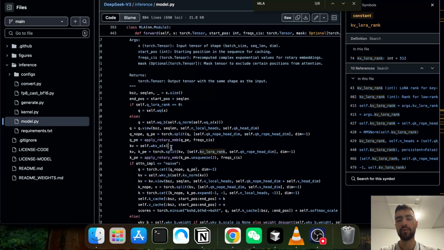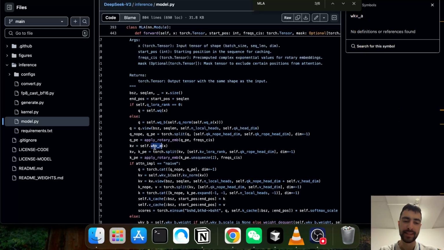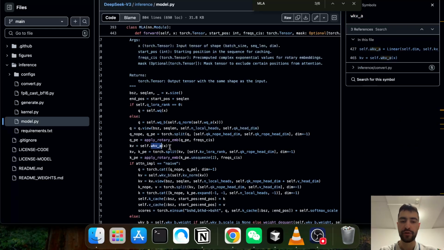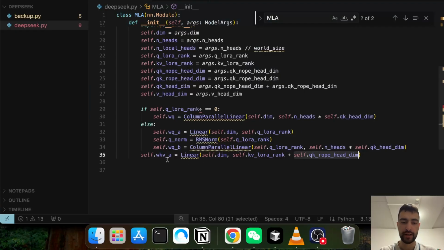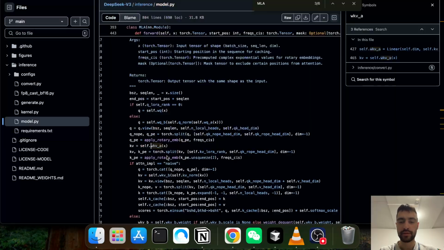I want to just show you what's going to happen later, what we will code later, so you have a better understanding. So once we pass our input vector through this WKVA, which we just defined here, after we get some output, which is going to be KV here, we will split that output into the KV.